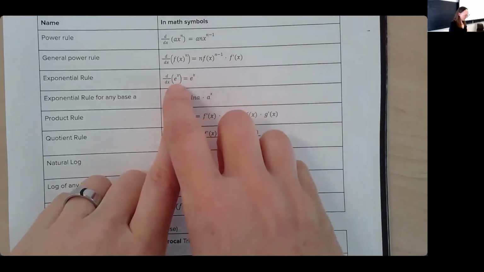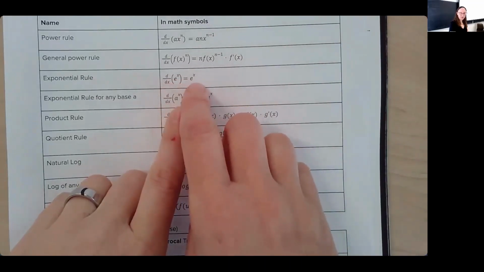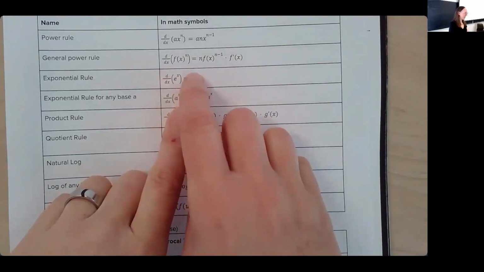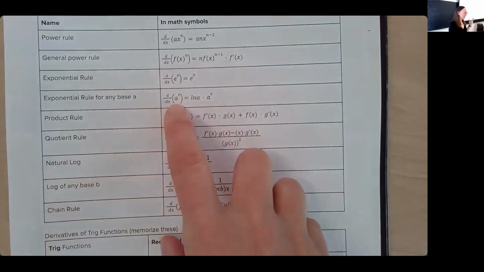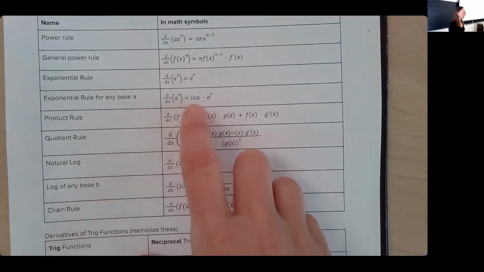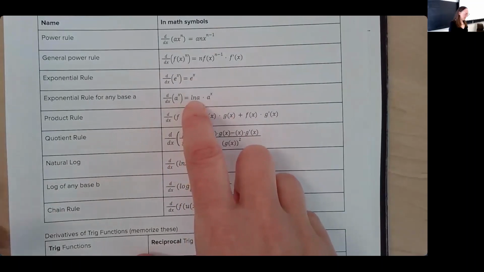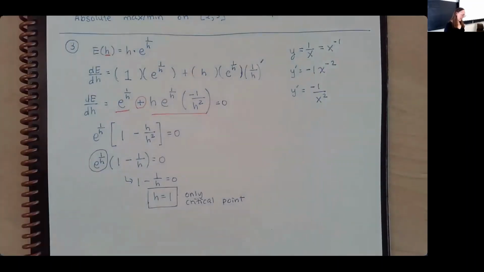If it's an e, the derivative of e to the something is e to the something. If it's a different number, like if it was a 3 or an 8 in the base, then we've got to remember to multiply by the natural log of that value. In terms of recognizing product and quotient rule, I think that mostly comes with practice.